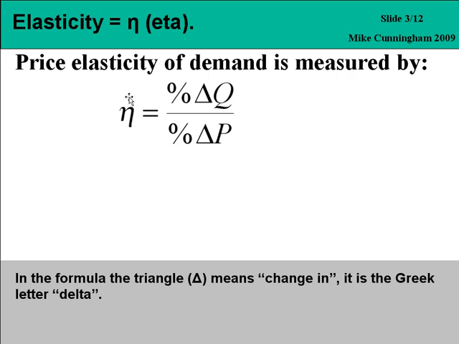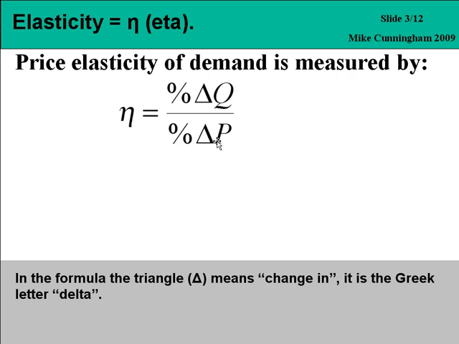We've got elasticity, eta, is equal to the percentage change in quantity divided by the percentage change in price. So we've got one percentage up here divided by another percentage down here. When you divide two percentages, you just get a number.